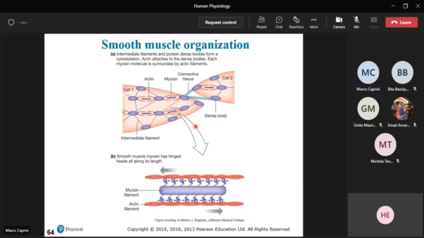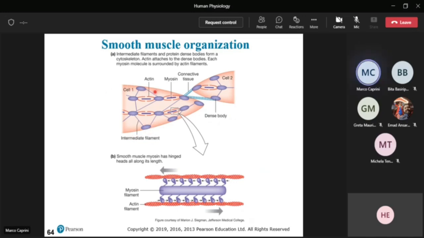No. The smooth muscle cell lacks the typical band organization. If you remember, one slide at the beginning shows you that it's completely disorganized, okay, or at least not well organized, such as the skeletal muscle.